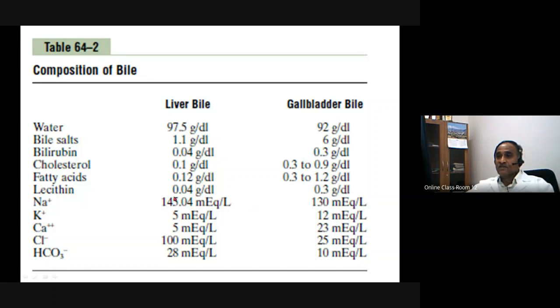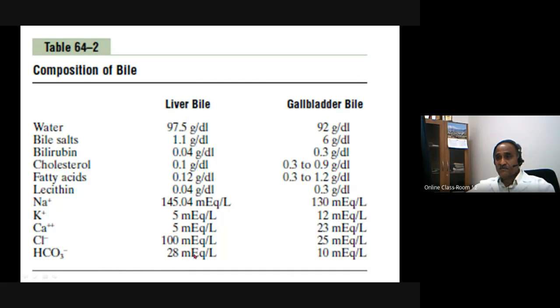The sodium is 145, and it is decreasing. The sodium level is decreased because water is reabsorbed along with the sodium. The potassium and calcium are increased. Chloride is 100 milliequivalents here and 25 here, decreased 4 times.